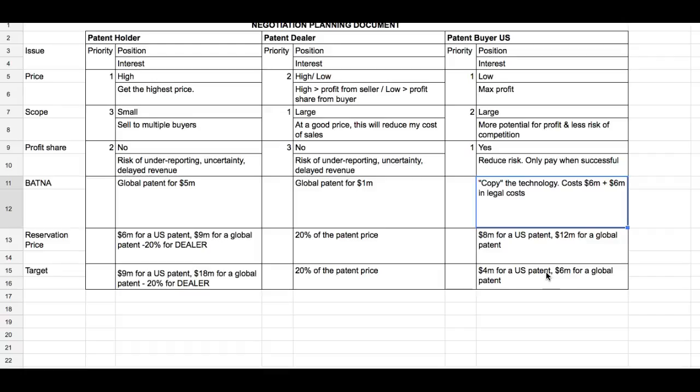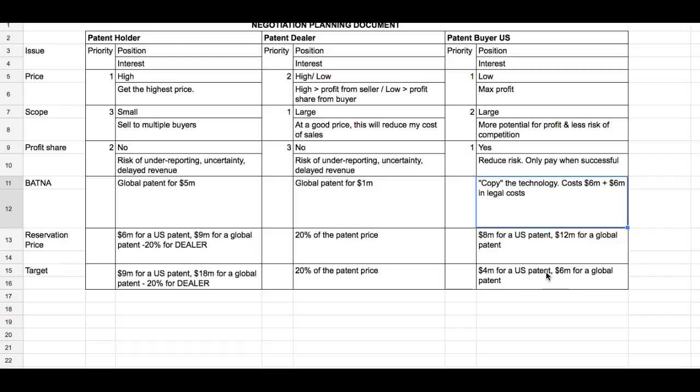But based on this information, the buyer is the one who needs to be flexible, right? No? Because the seller has the partner, and the buyer wants to get the patent, no matter what, between 6 and 12.